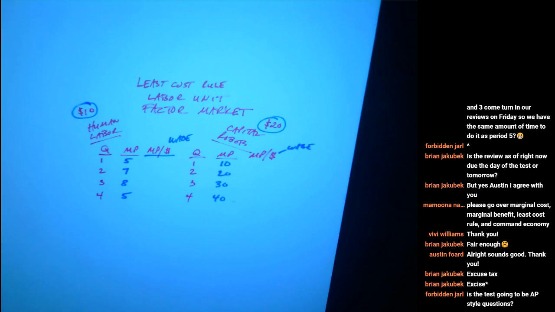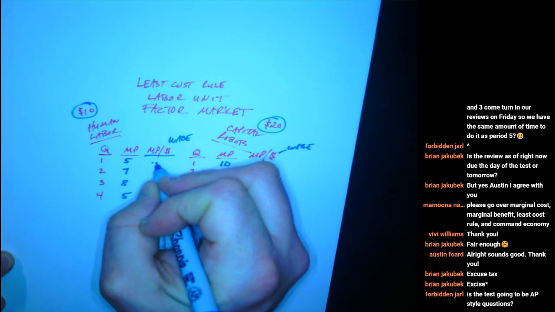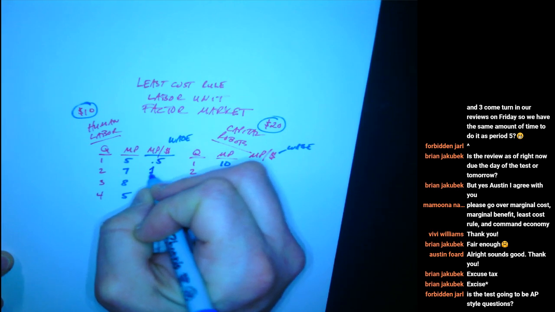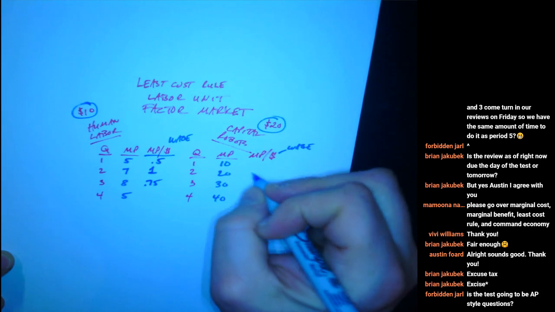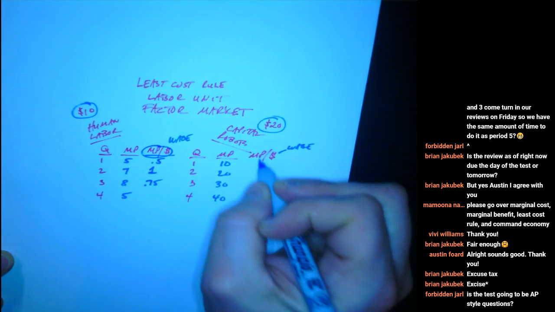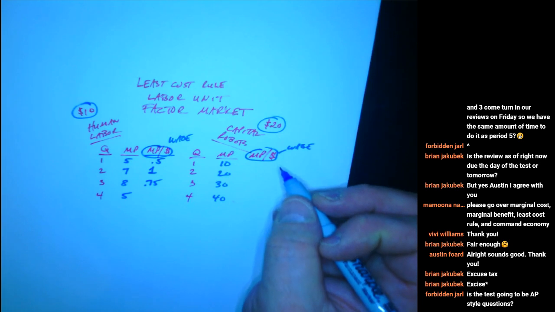But what we have to decide is we might end up with numbers like 0.5 and 1 and 0.75. But that's the key here, marginal product divided by the wage.